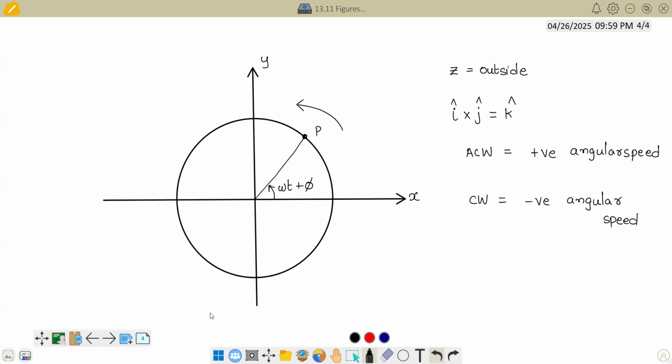If I resolve this into two components, if r is the radius, my x component would be equal to r cos(omega t plus phi). Similarly, my y component would be r sin(omega t plus phi). Now the question is why this is r cos(omega t plus phi) and r sin(omega t plus phi). I'll explain in detail here.